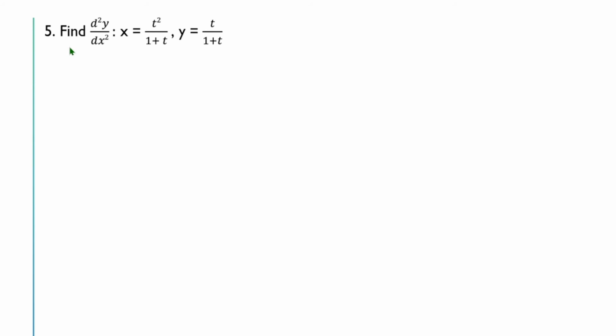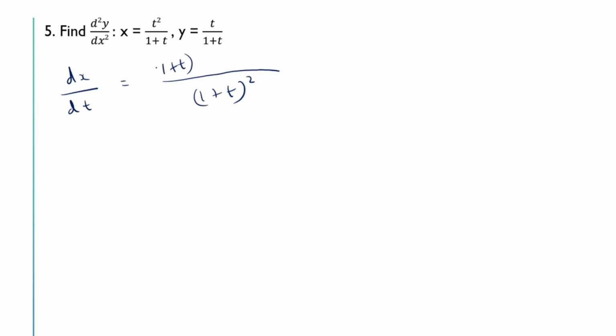Next question, find d square y by dx square when x is equal to t square by 1 plus t and y is equal to t by 1 plus t. So first let us find dx by dt. Dx by dt is equal to, here 1 plus t the whole square.